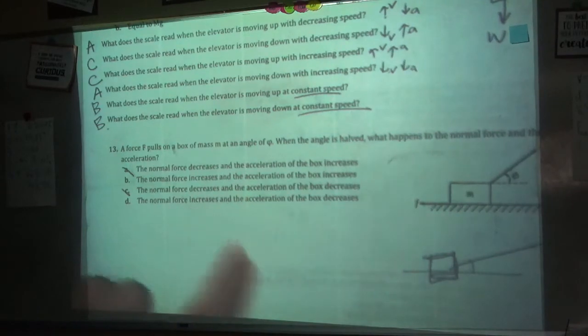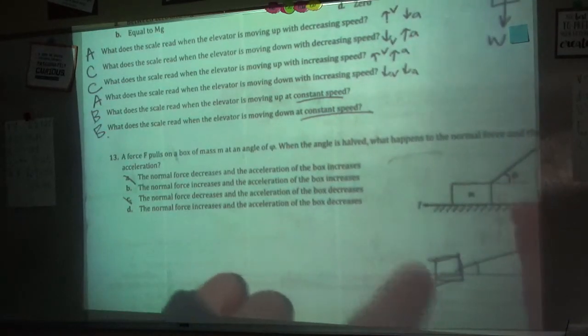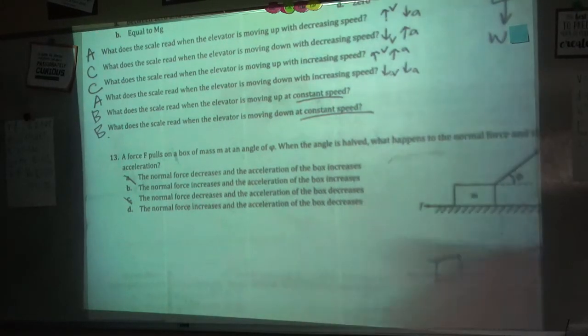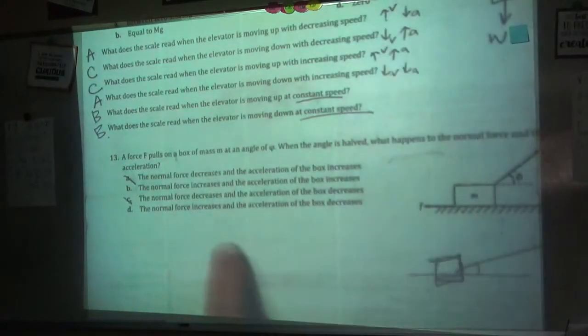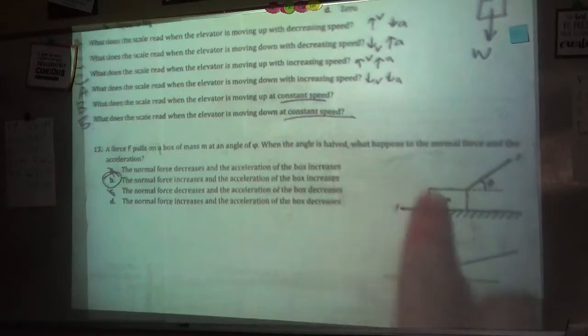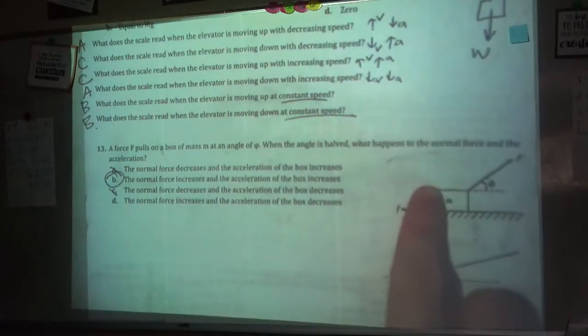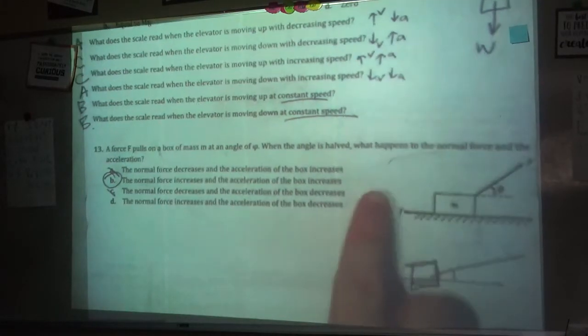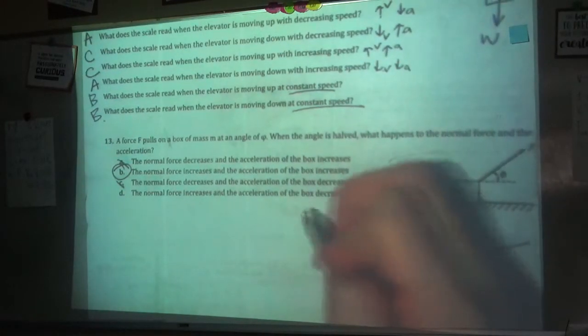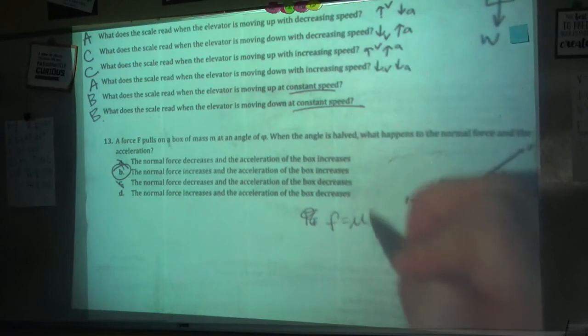And the accelerations, let's think about, see how it's pulling to the side more than it was before, then the acceleration must increase. So normal and acceleration would both increase. Now some of you might say, wait, but if I have a greater normal force, then I have a greater friction force. And that is true, but think about your force of friction, which is mu Fn.